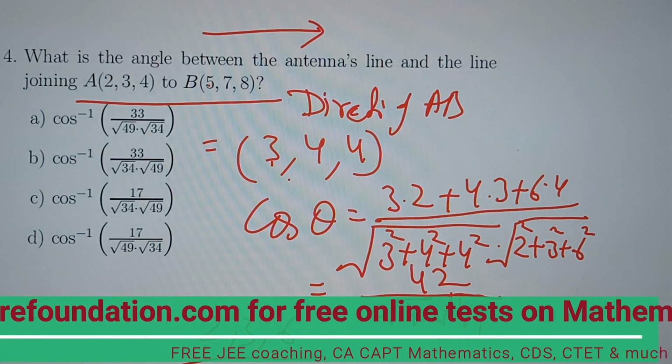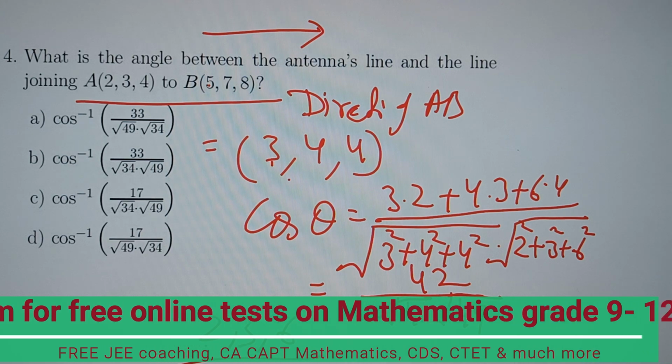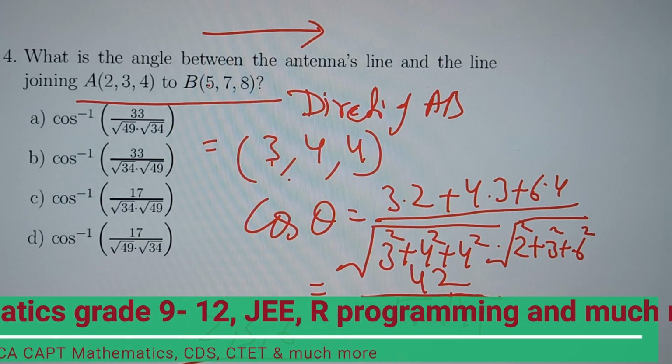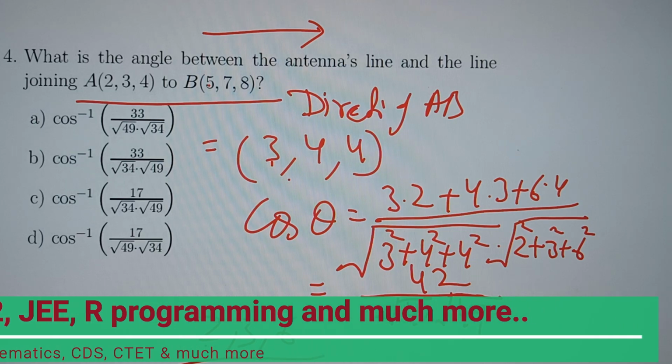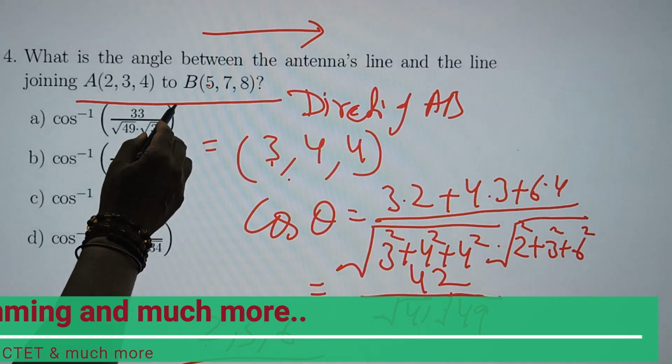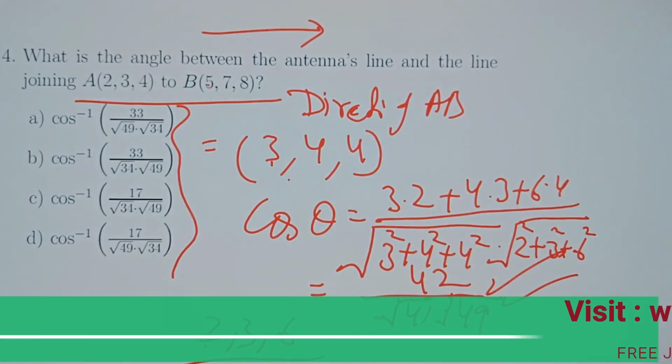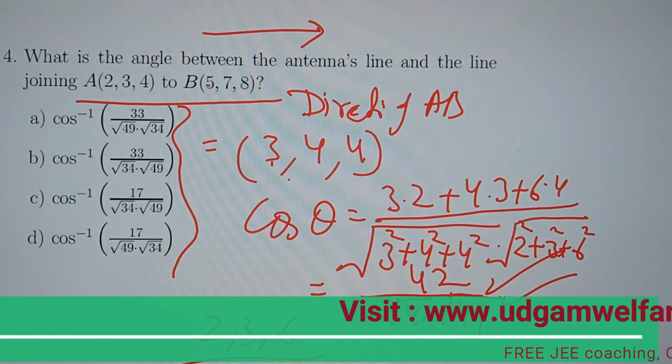So we have our answer, which is 42 over root 41 into root 49. This is not available in any of the options, but our answer is correct here. So I hope the concept is clear of how to find the angle between two lines.